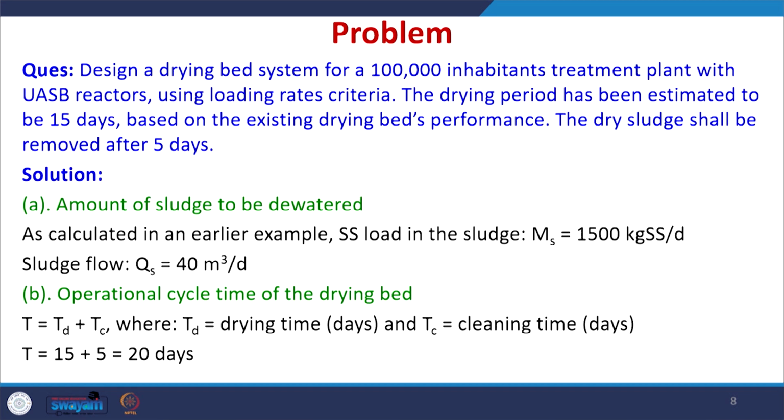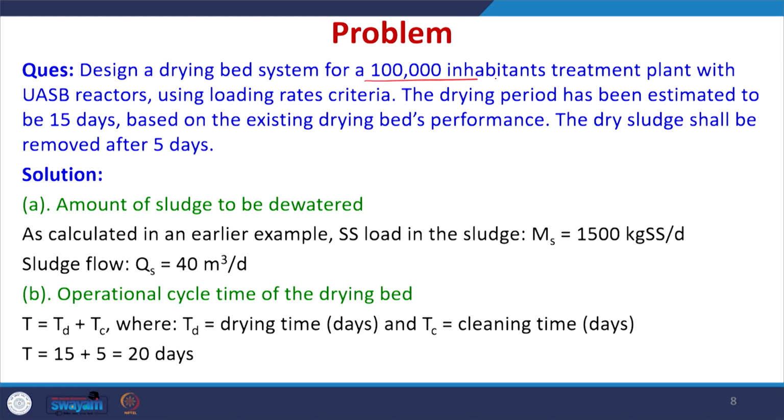Now, let us try to solve a problem so as to further understand the design of sludge drying beds. So, in this question we have to design a drying bed system for a 1 lakh inhabitants treatment plant with a USB reactor. So, this question we have been following since the whole section on sludge management, and using the loading rates criteria.